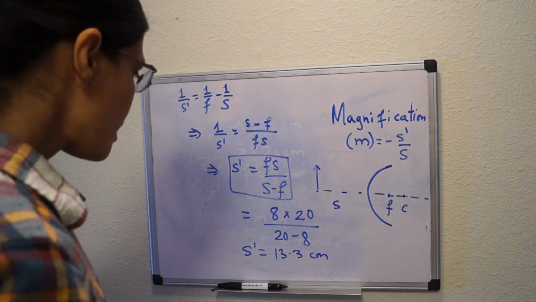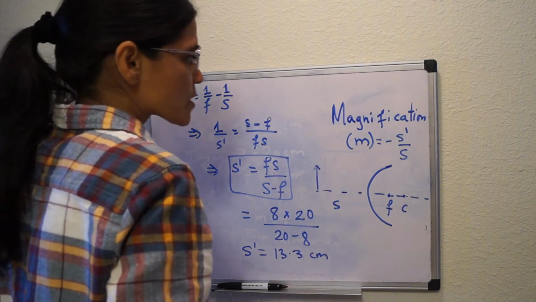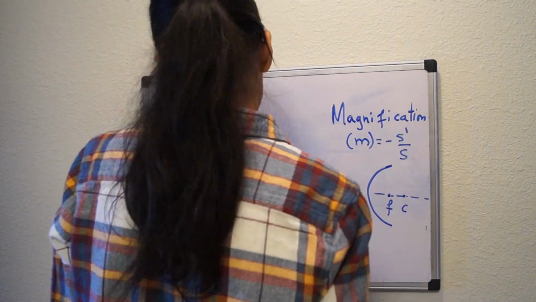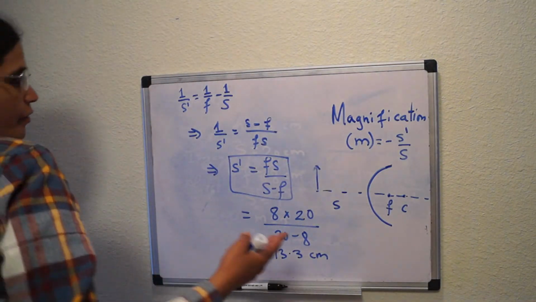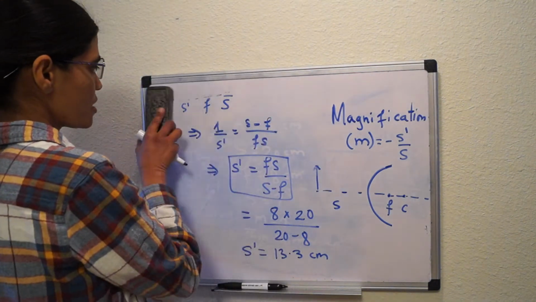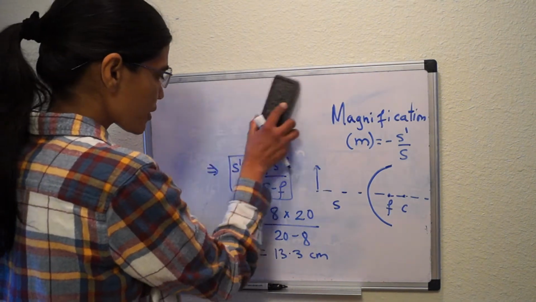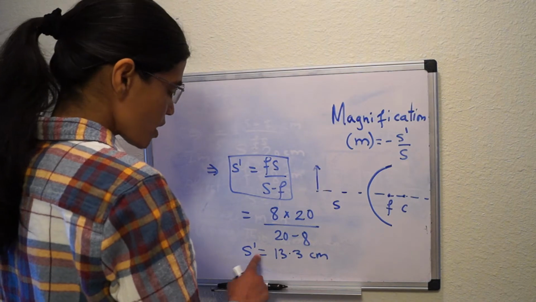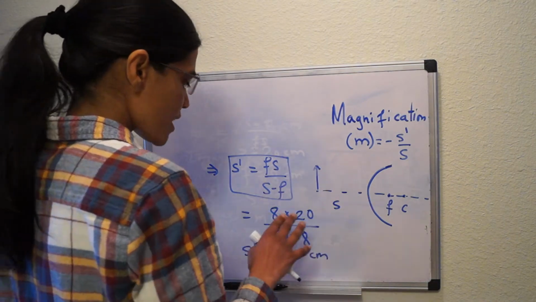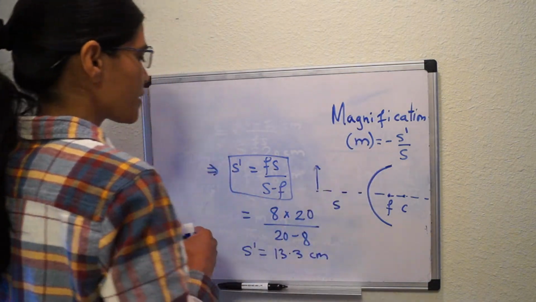Now what kind of image is formed? Even without drawing a geometry, we should be able to tell what kind of image would be formed. To see whether the image formed is larger or smaller than the object, we are going to calculate the magnification.